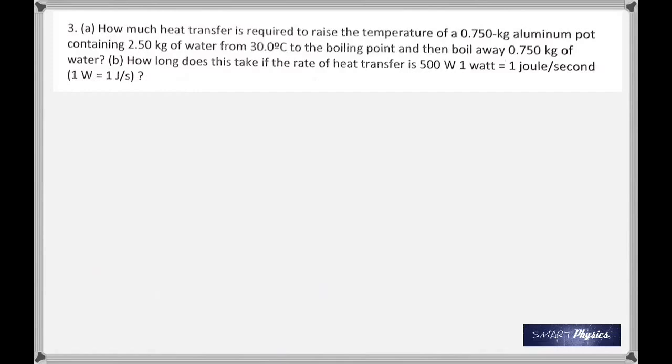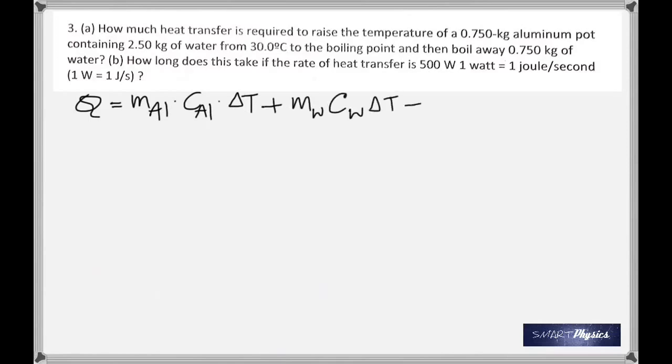First, heat is going to be required to increase the temperature from 30 to 100 degrees Celsius. And then heat is required to make it undergo the phase change, that is for water to boil. And the formulas in these two cases are different. For heating, it's the product of mass and specific heat and change in temperature.